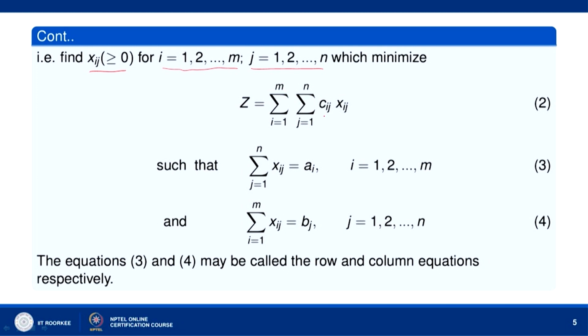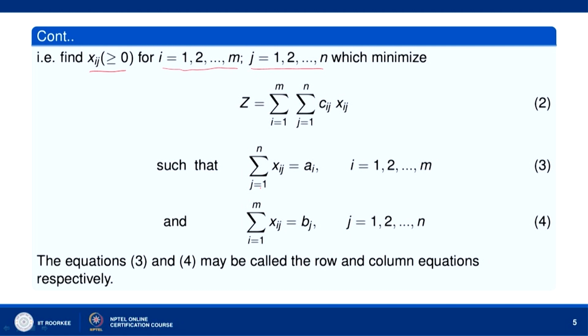So, when we take the summation we get the total cost. Now, A_i is the quantity available at the ith source. From the ith source the quantity is being transported to the n destinations, that means j equal to 1 to n.